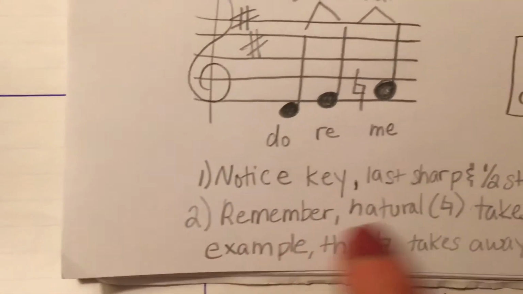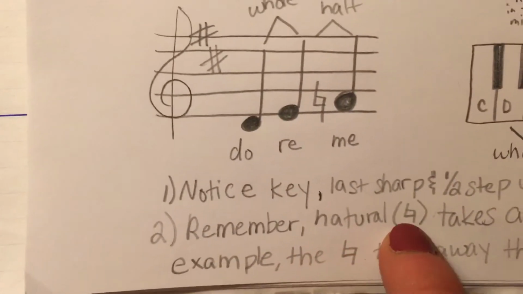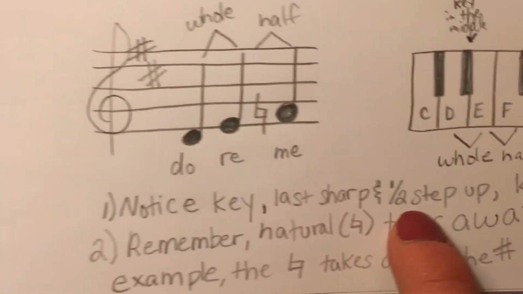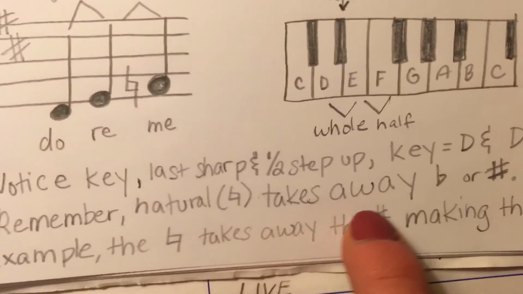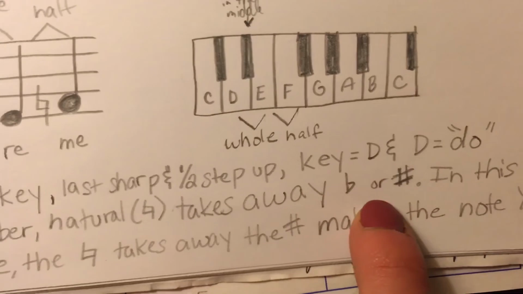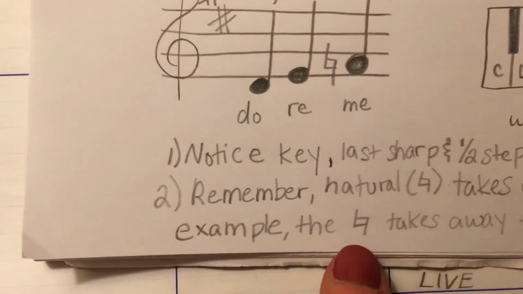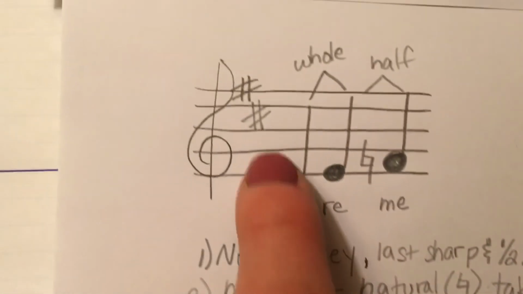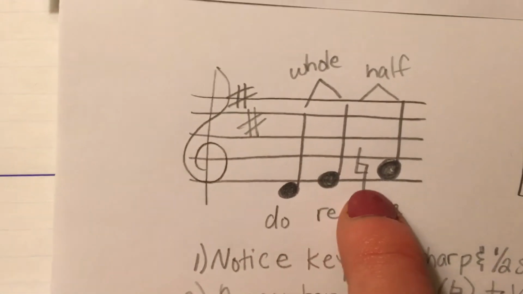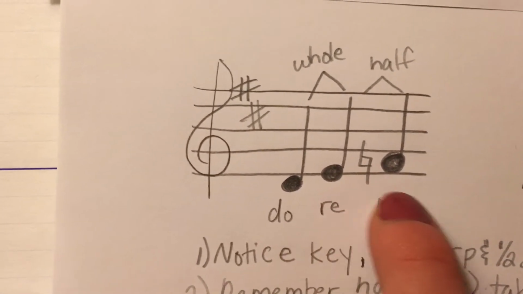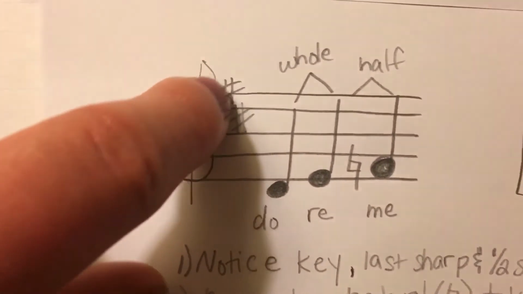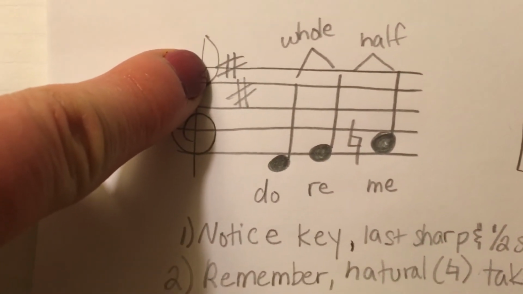So remember, I put in here, remember a natural, that sign right there that you see, that takes away a flat or a sharp that's in the key signature. So in this example, the natural sign will take away the sharp. So see here, our natural sign is on the F, and in our key signature, we have an F sharp.